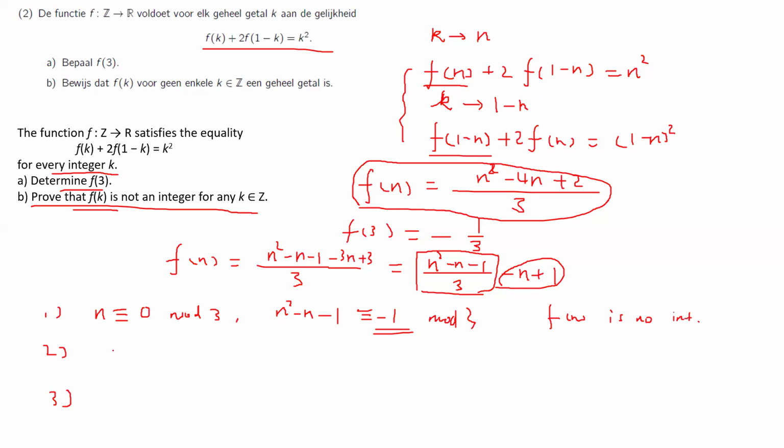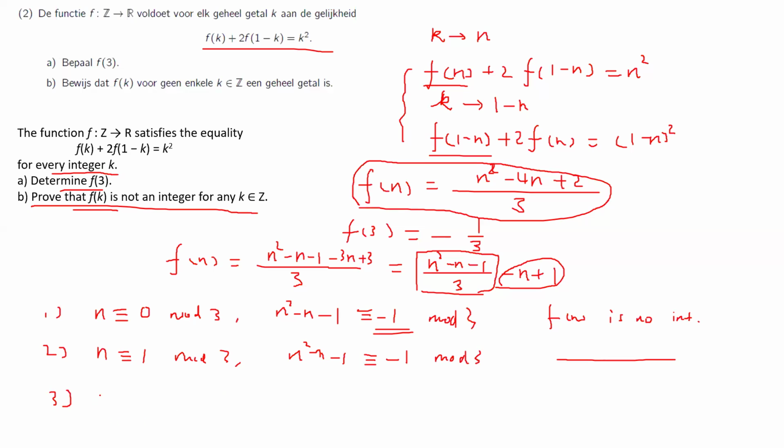The second case is when n is congruent to 1 modulo 3, which is very similar. So n squared minus n minus 1 is congruent to minus 1 again modulo 3. And of course, in this case, f(n) is not an integer.